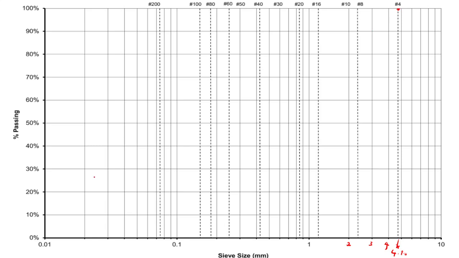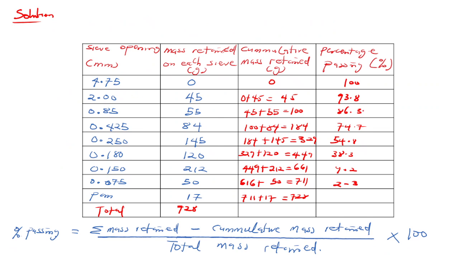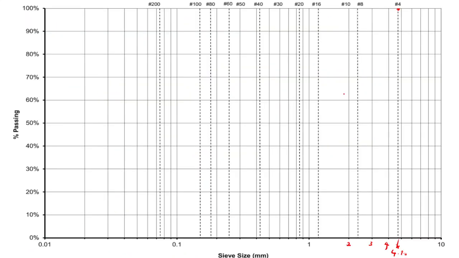And so the next is 2.0 and 93.8. That's 2.0, 93.8. So we come here, this is 93.8, should be about here. When you are doing it, please use your ruler to get a precise value. This is 93.8, should be somewhere around here.